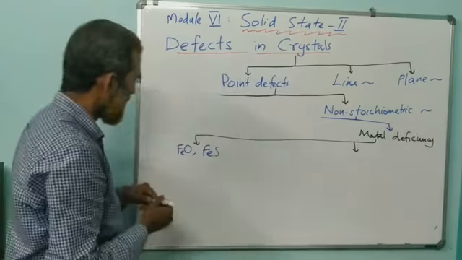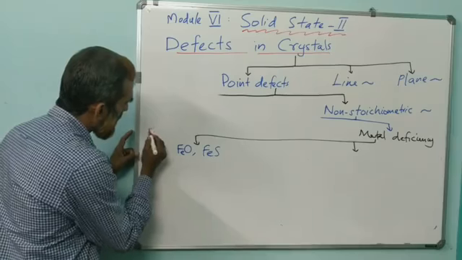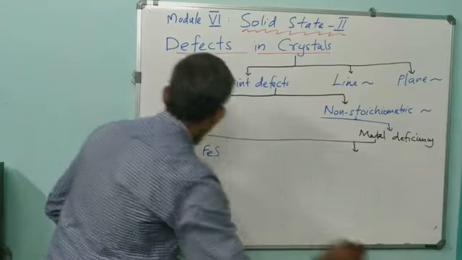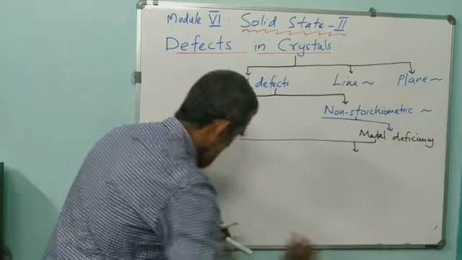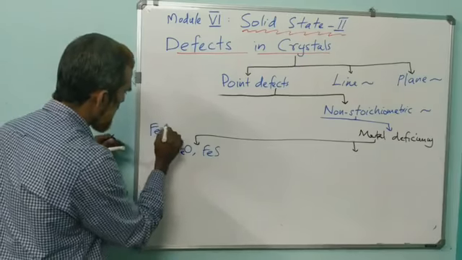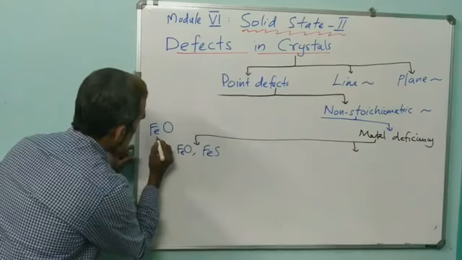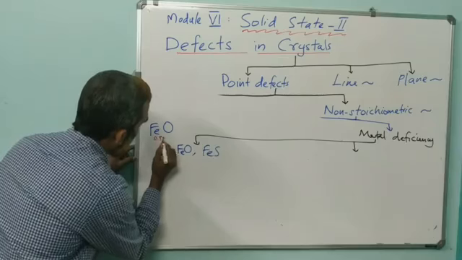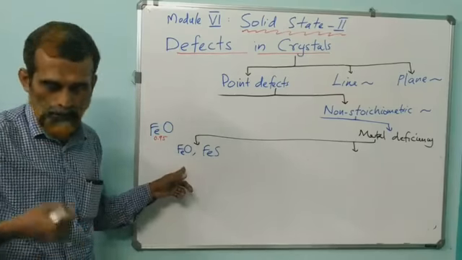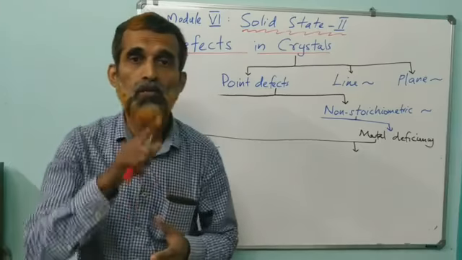Even though we write FeO, strictly speaking, the formula is not stoichiometric. It is sometimes written as Fe0.95O. What does it mean? Actually the formula FeO is supposed to have Fe2+ and O2- ions in the ratio 1:1.